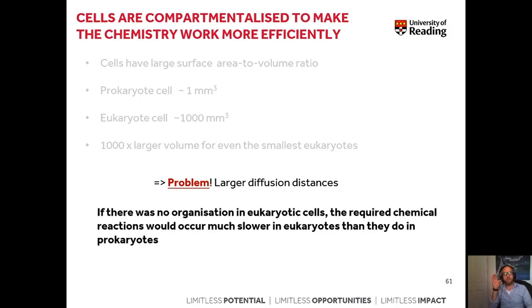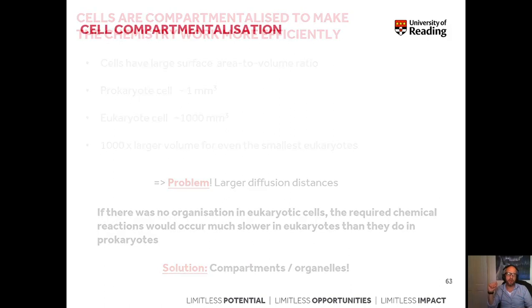So if there was no organization in eukaryotic cells, the required chemical reactions would occur much slower in eukaryotes than they do in prokaryotes. And this would not allow such sizes of the cells. The solution during evolution was to generate compartments and cell organelles.